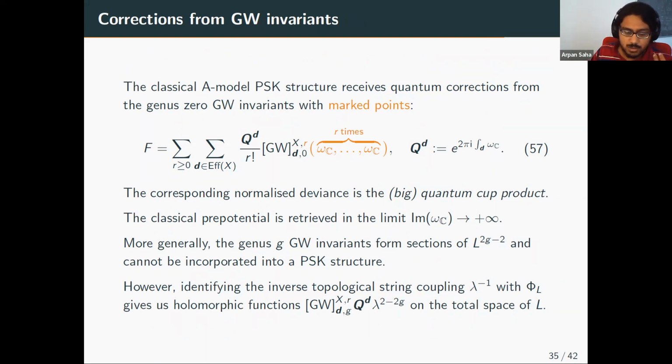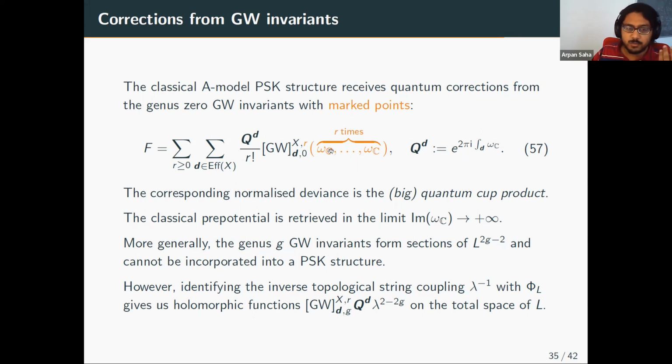So the cohomology ring of the even cohomology is deformed to the big quantum cohomology ring, and you retrieve the classical A-model PSK structure in the large volume limit, when the imaginary part of ω_C goes to plus infinity. So this just involves the genus 0 GW invariants.